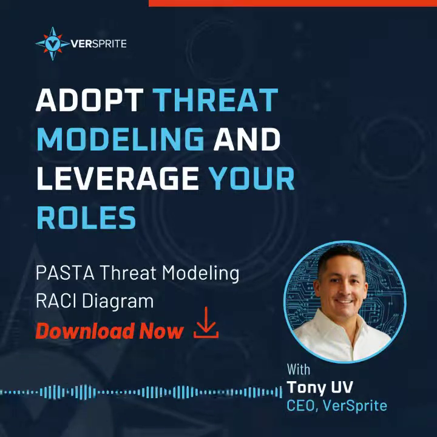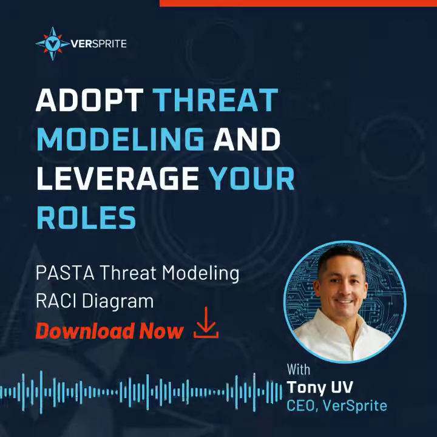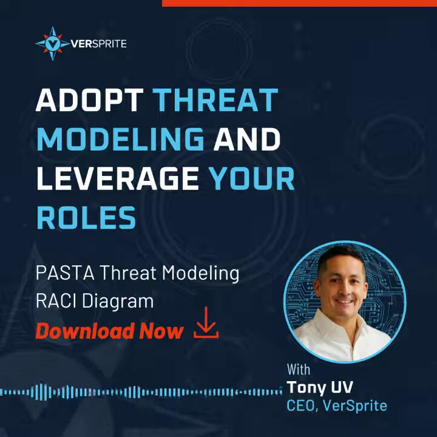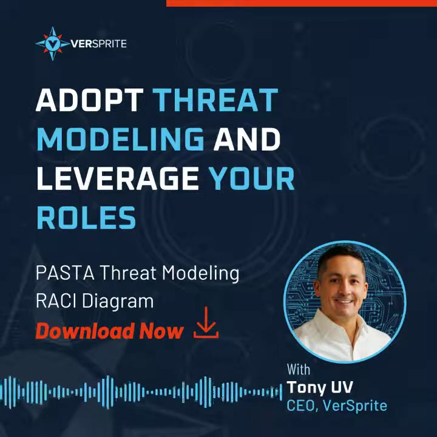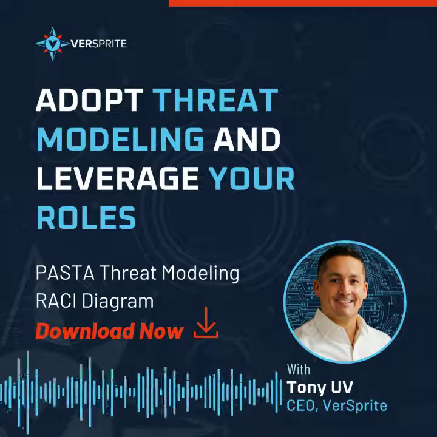So we at VerSprite developed a RACI model. And as you'll see in this RACI model, you'll see engineers, you'll see network professionals, you'll see developers, architects. So important to have architects involved, business analysts, project managers, security champions, pen testers, quality assurance engineers, because they all have some level of involvement.